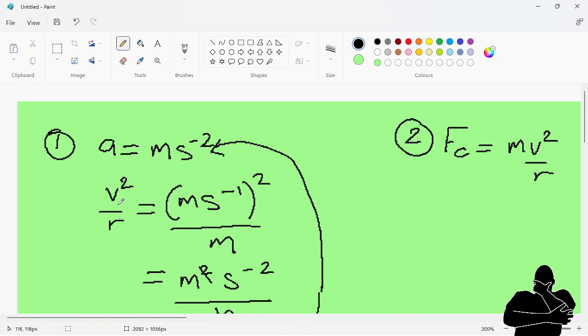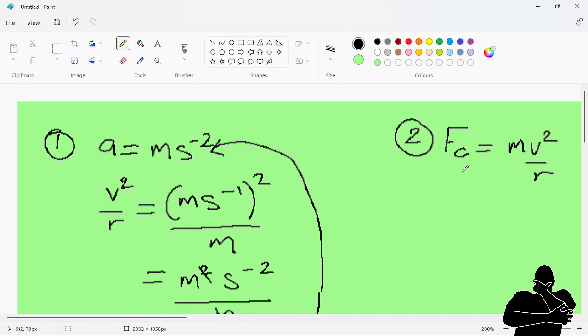So the centripetal force only exists when there is a centripetal acceleration. So the centripetal acceleration, v squared over r, is the acceleration that we're going to use, and then the mass is going to just be mass, okay? So the centripetal force is the mass here times the centripetal acceleration here. So that's where we get mv squared over r from.